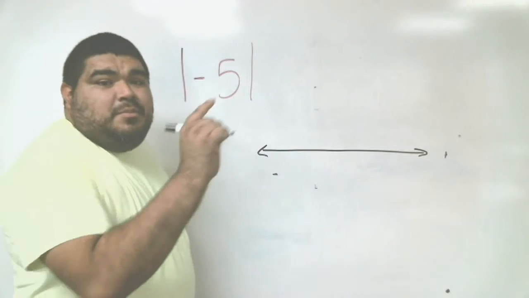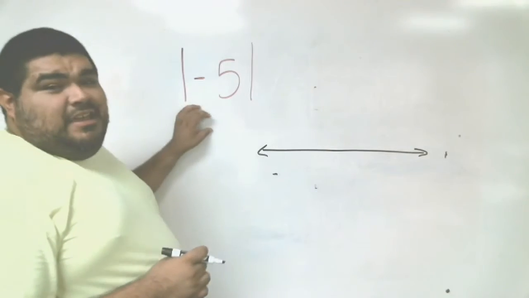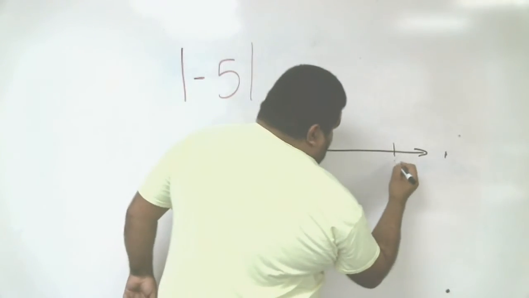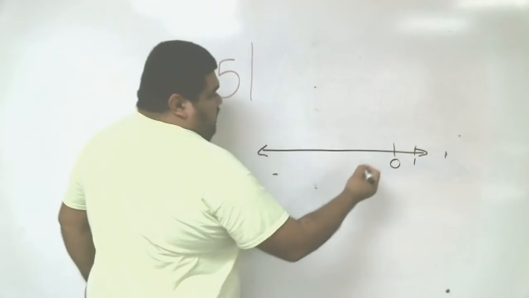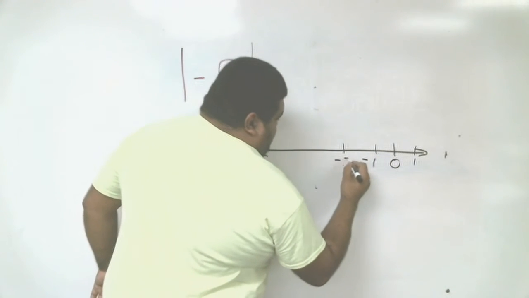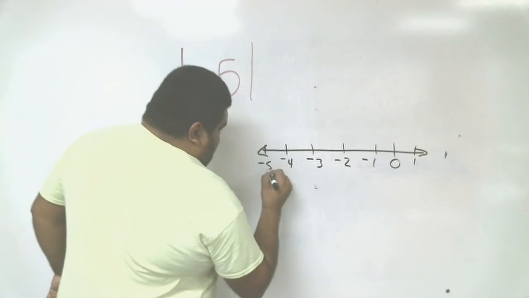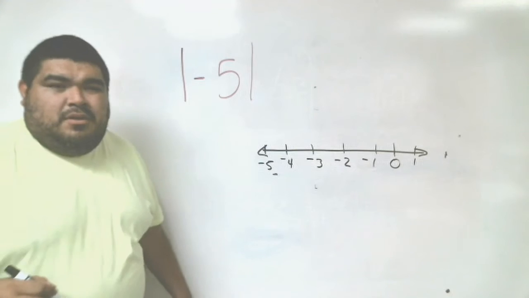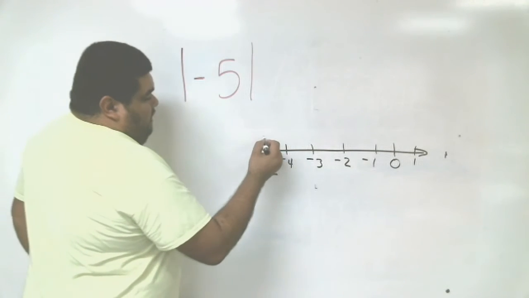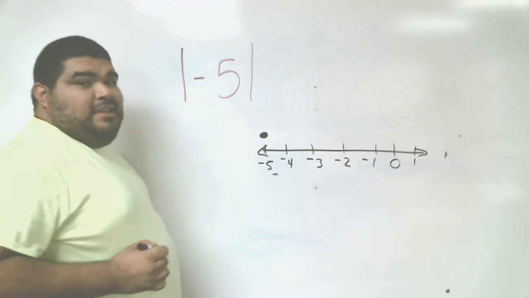This time my 0 is going to be on the right because we're on the negative side. So we're going to have 0, 1, and then we're going to have negative 1, negative 2, negative 3, negative 4, negative 5. All right, so we start off at negative 5. We have our dot at negative 5.